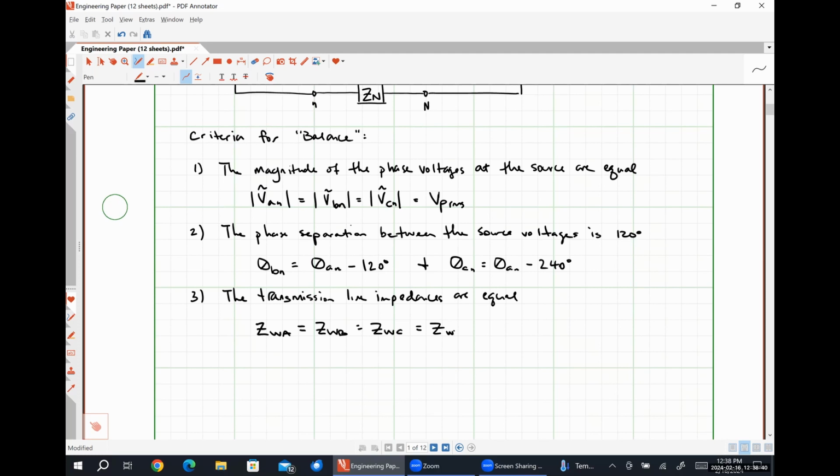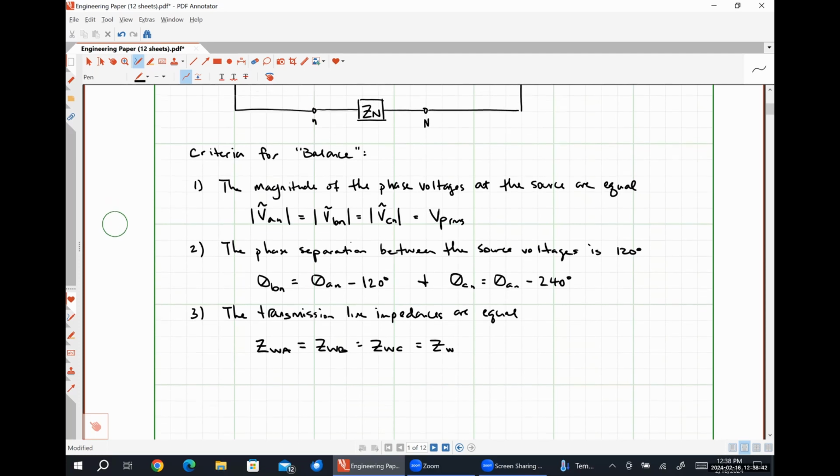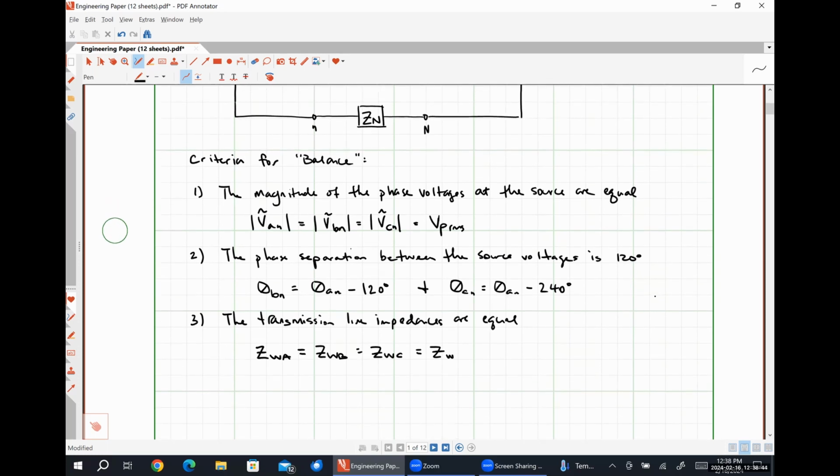Now I want to point out here, we do have a neutral conductor represented by that impedance Z sub N. That is effectively a transmission line as well.